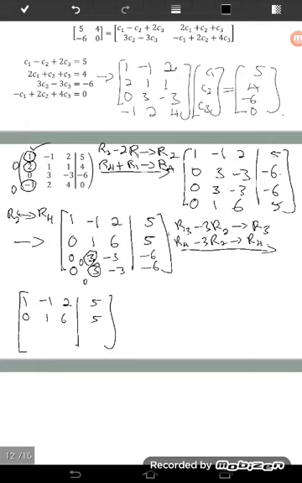And here 0 minus 3 times 0 is 0. 3 minus 3 times 1 becomes 0. Then -3 minus 3 times 6, so -3 minus 18, which is -21. And here -6 minus 3 times 5, so -6 minus 15, also -21.